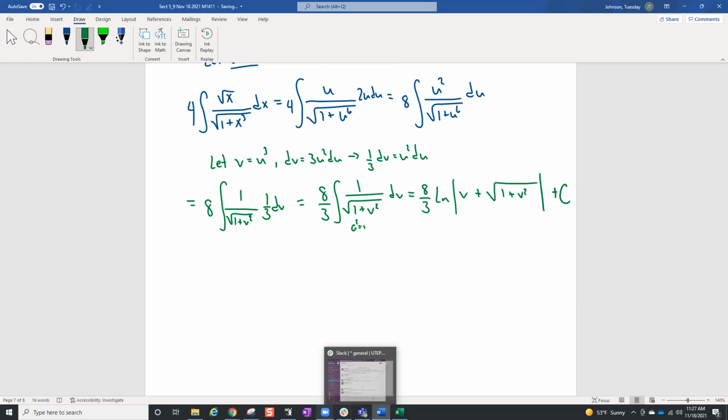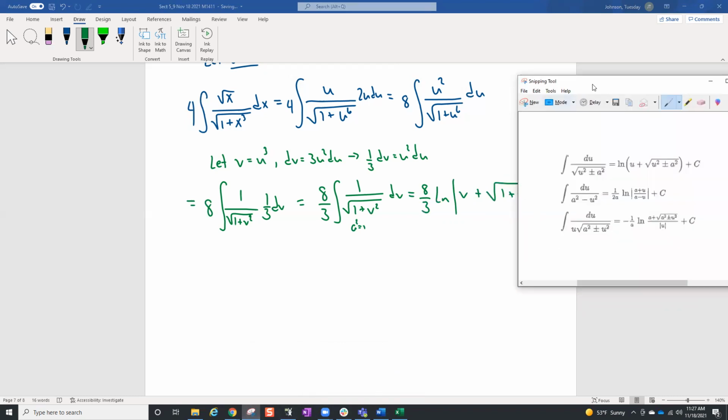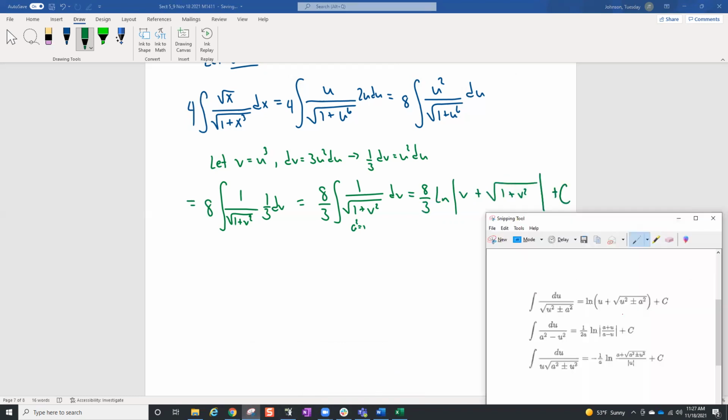I'm going to check two places here. First of all, I'm going to bring this up so we can look at it and make sure I did it correctly. Remember, if it's plus here, it stays plus. The signs go with each other. Fantastic. That's exactly what I have in my notes, and I'm happy about that.